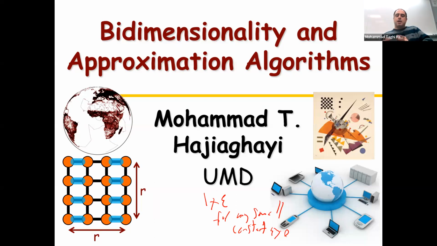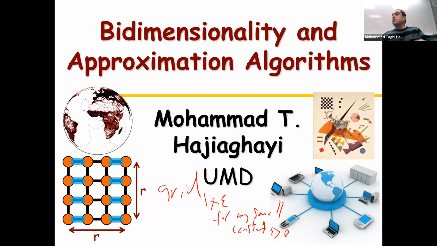And what is the thing that we are talking about? The main idea, this bidimensionality, why do we call it bidimensionality? It comes from the grid. Essentially, we say that planar graphs, more generally bounded genus graphs, and H-minor free graphs can be quite complicated graphs, but they are somehow equivalent to the grid. And the whole bidimensionality, in short, is that if you want to solve one of these problems, see whether you can solve them efficiently on the grid.